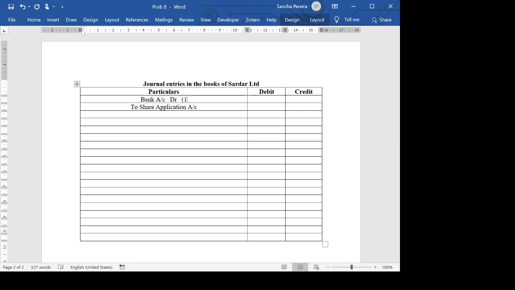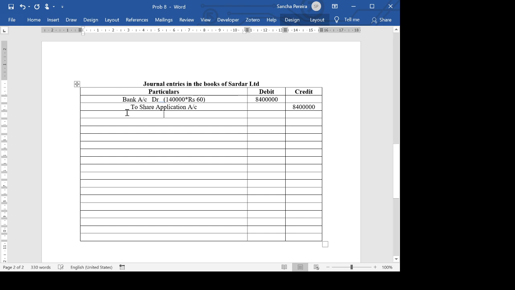So I will just say 1,40,000 into rupees 60. Yes, in the previous problem I had to find this amount because I put firm underwriting plus the public subscription together. Here it's directly given to me. So 1,40,000 into 60 will be 84 lakhs.